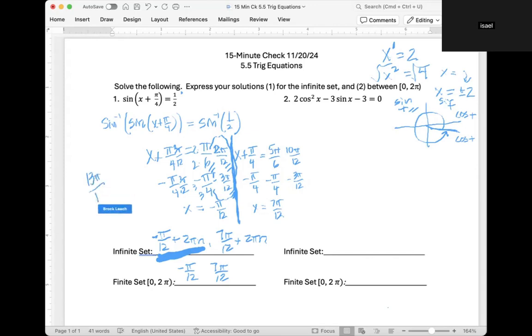Yeah, so if I plug that back in for x, because these are my two solutions, 13 pi over 12 plus 3 pi over 12 is 16 pi over 12, which reduces down to 8 pi over 6, which reduces down to 4 pi over 3. That's something in the third quadrant, which wouldn't give me positive 1/2. It would give me negative.